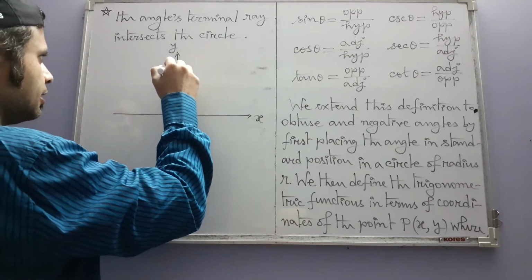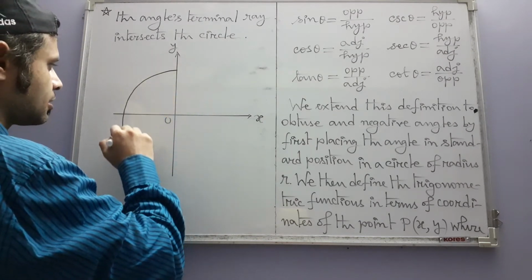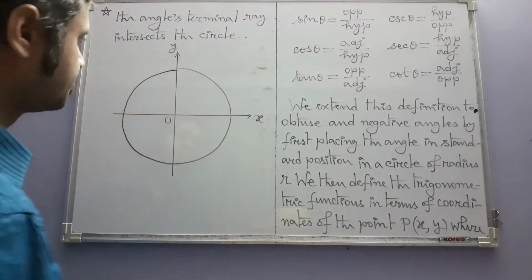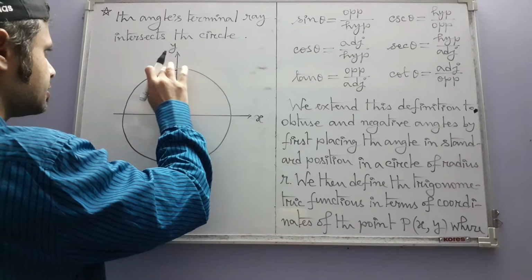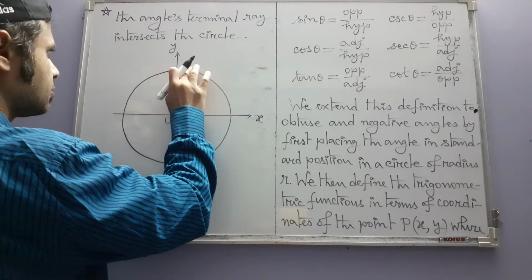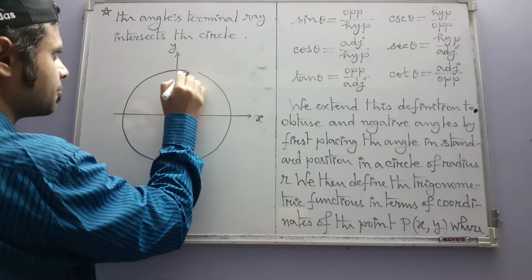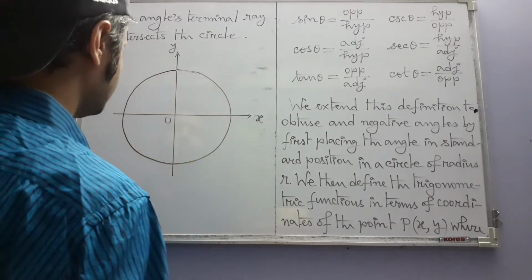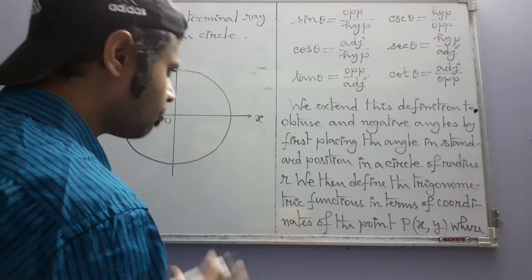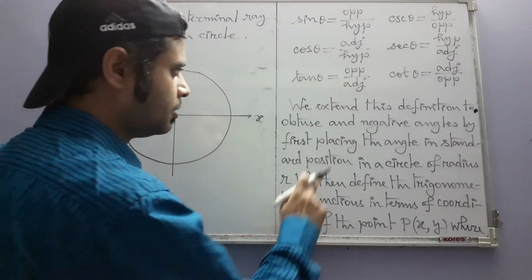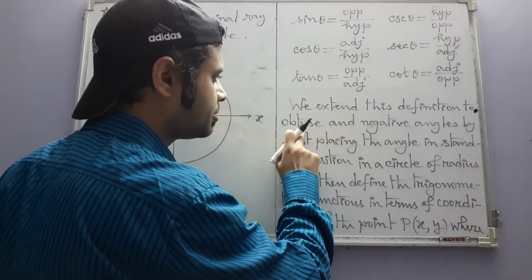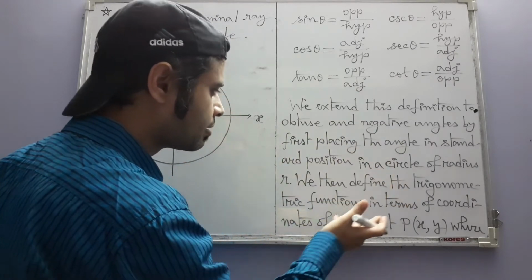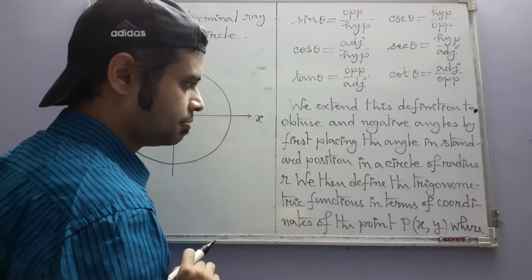So, in the name of a circle of radius r, say I have drawn this. You can already see that I have not been able to match it properly, but that's just it.